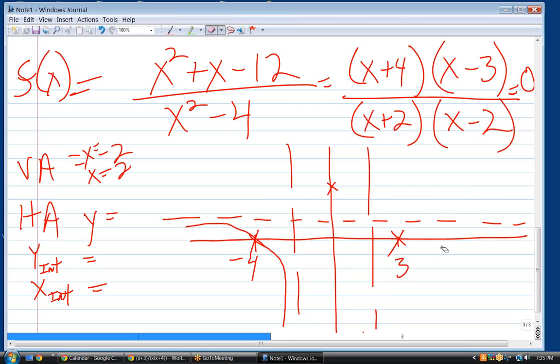So in order to figure out whether it does that or not, we need to figure out if this function ever crosses the horizontal asymptote, which is y equal 1. Well, in order to do that, let's solve it and see if this has a solution. If I set y equal to 1, can I solve this equation?